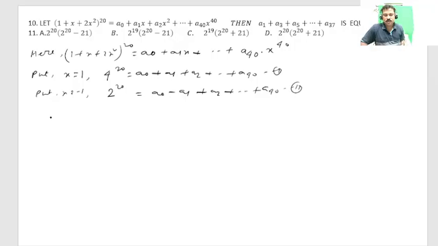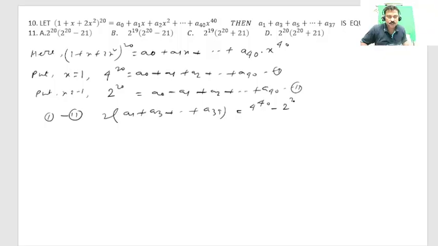We just subtract 2 from 1. Okay, so we get 2 into (a1 plus a3 plus so on to a39) equals 4 to the power 40 minus 2 to the power 20.